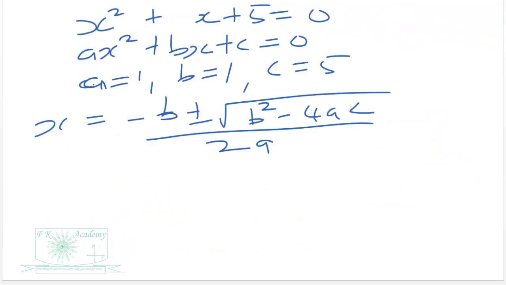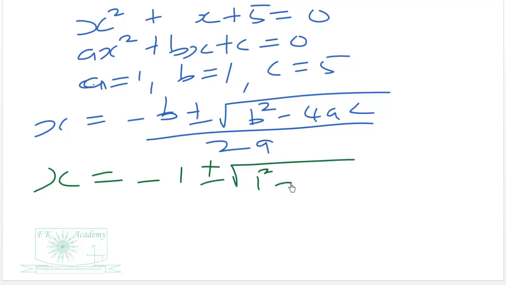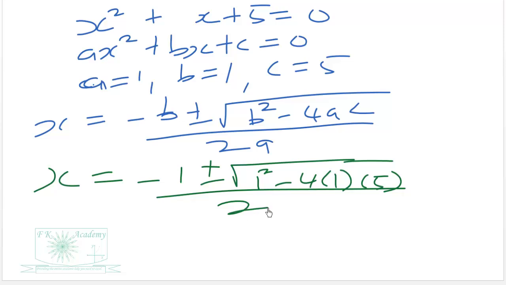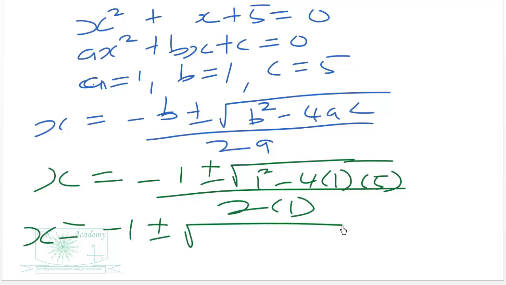So when we plug in the values, we obtain x to be equal to negative 1 plus or minus the square root of 1 squared minus 4 times 1 times 5, all over 2 times 1. So this will be equal to negative 1 plus or minus the square root of 1 squared minus 20.